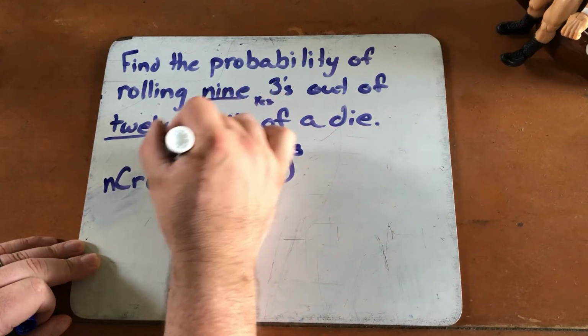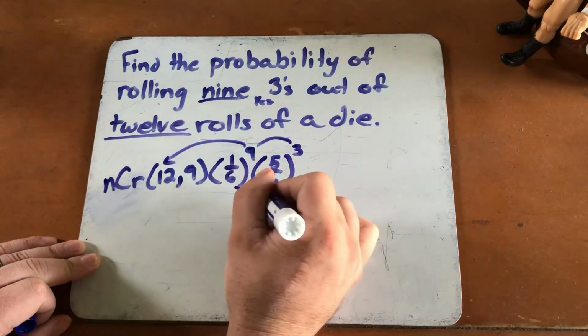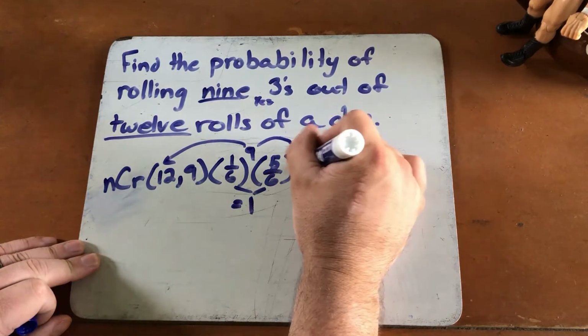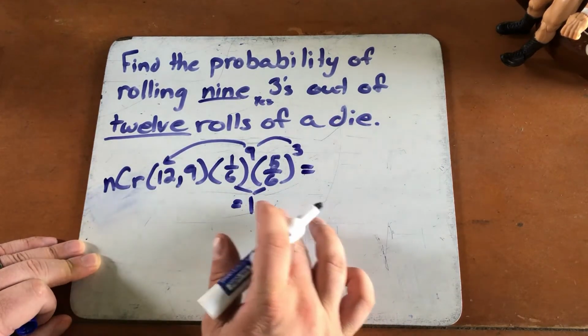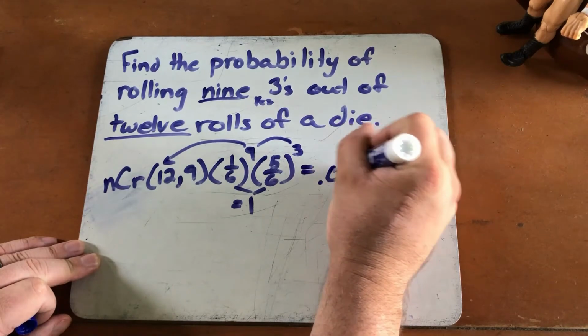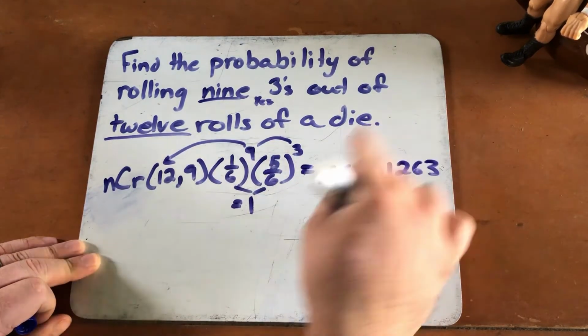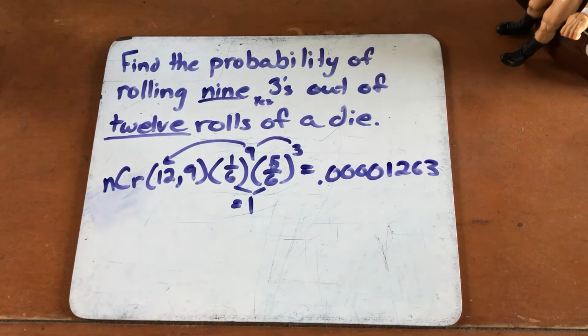These two numbers add up to 12, and these two numbers add up to 1. When I type this in Desmos the way it looks, I get 0.0001263. Notice that is very small, much smaller than the probability of rolling 3 4s.